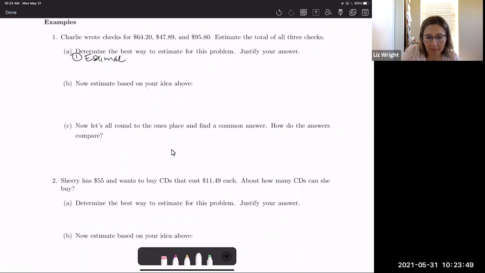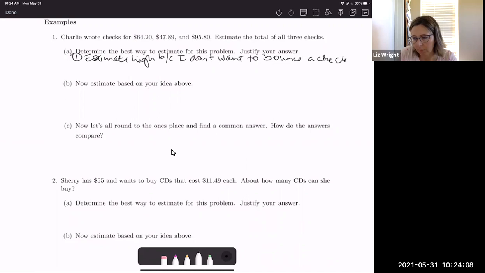Estimate high, because I don't want to bounce a check. And choose easier numbers for mental math.